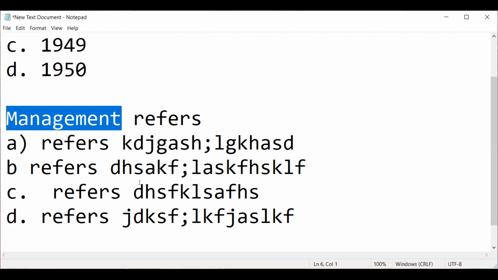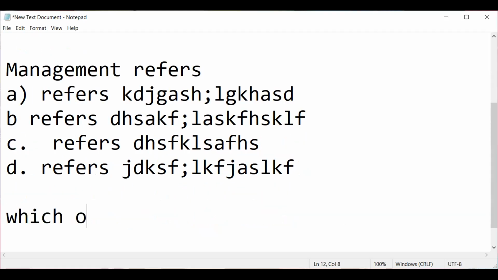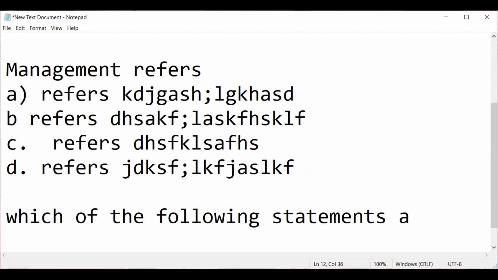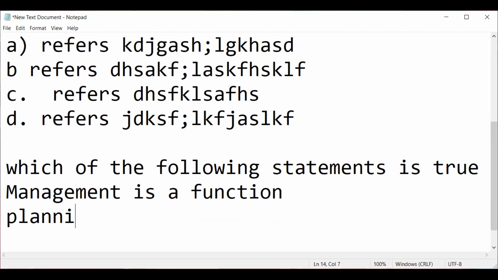So I'll provide you certain examples, for instance: which of the following statements is true? When we have designed questions like this, say for example, management is a function. Planning is a function.